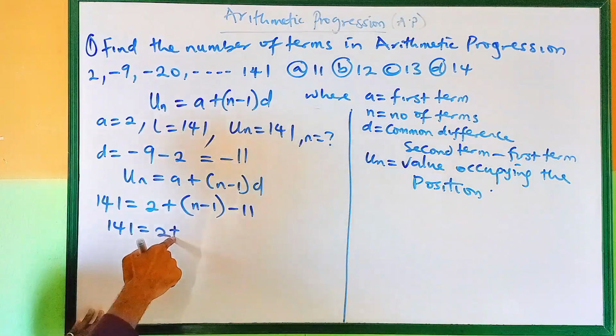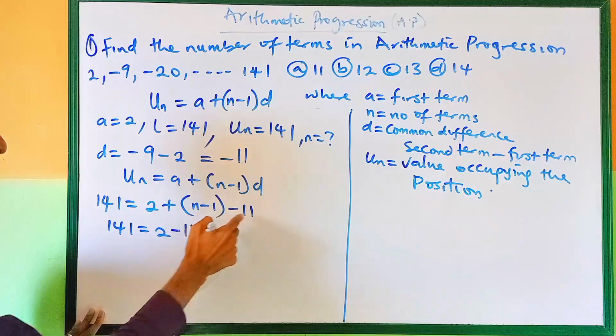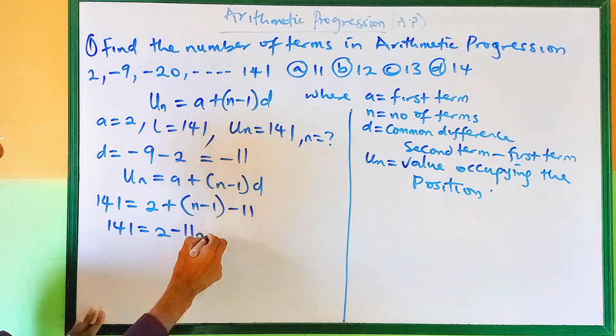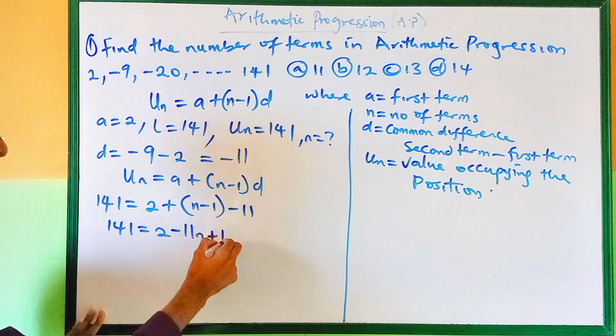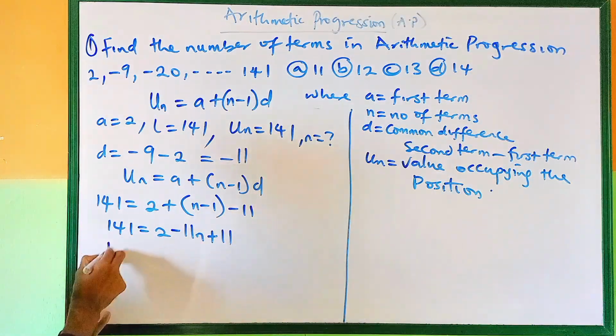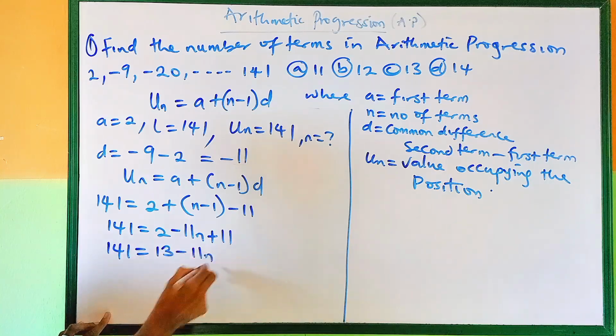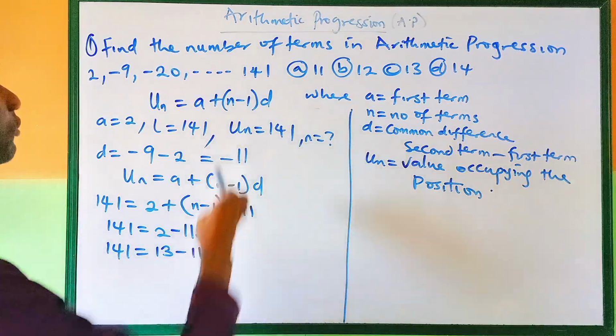But you remember there's a plus here, so plus times minus is minus 11n. Then minus times minus is plus, so 11 times 1 is 11, plus 11. So you are going to have 141 equals 2 plus 11 is 13, 13 minus 11n.